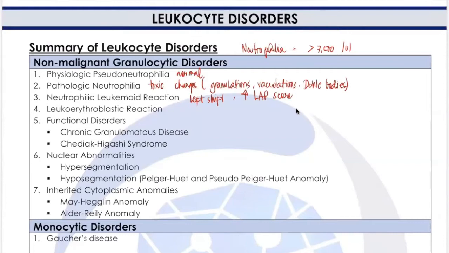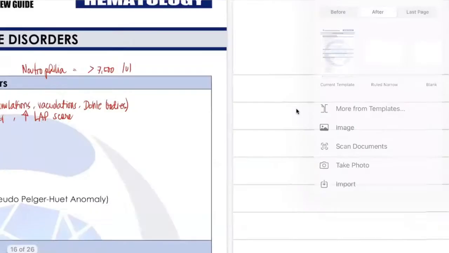Next, let us proceed to the different functional disorders. For the functional disorders, we have two to discuss here. First, we have chronic granulomatous disease, and we have Chediak-Higashi syndrome. So first, let's discuss chronic granulomatous disease.